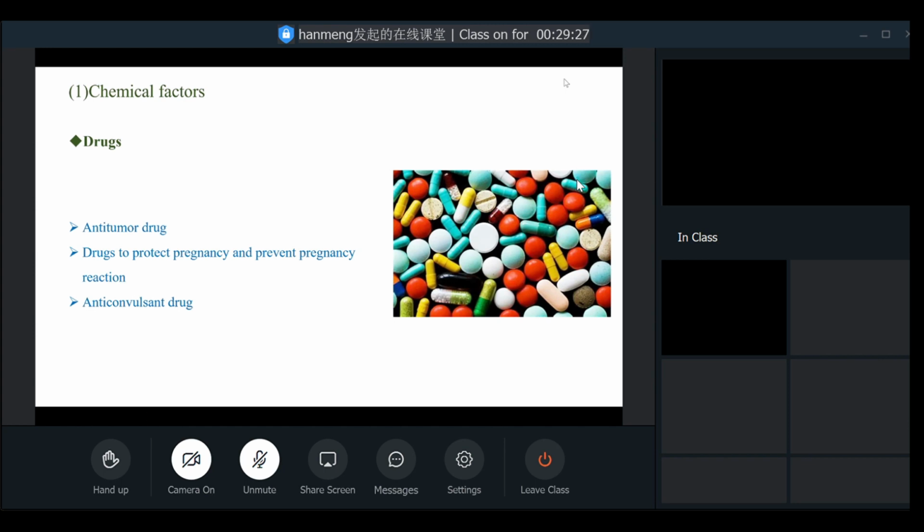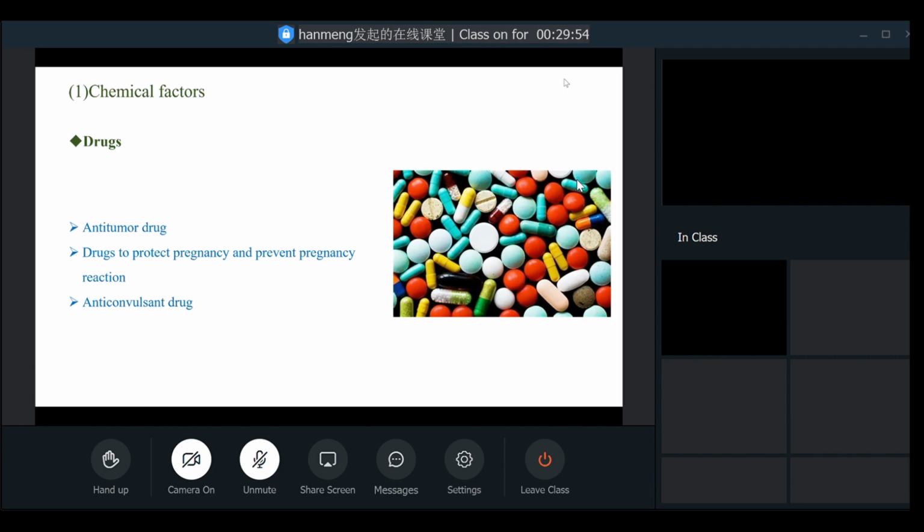The drugs include anti-tumor drugs, or drugs to protect pregnancy and prevent pregnancy reaction, or some anti-convulsant drugs.